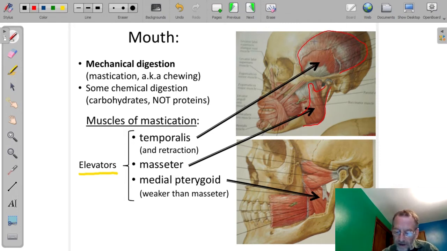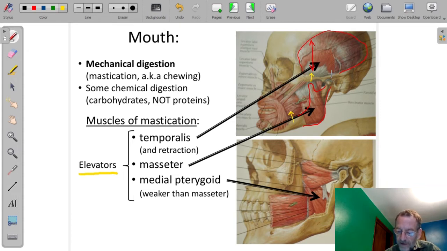So the temporalis muscle has multiple fibers, of course, and when these fibers, sort of in the anterior end, contract, they just get shorter, and they lift the condyle of the mandible, they elevate it. And that raises the entire mandible upward. So all of these muscles that are elevators, that's their action. But I put in here also that the temporalis is involved with retraction.